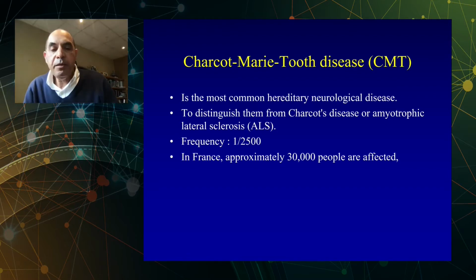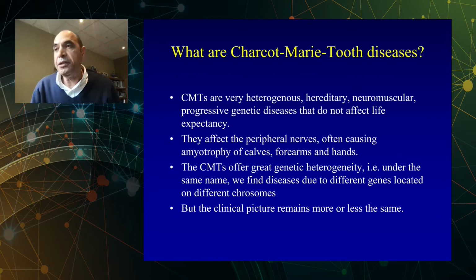In France, nearly 30,000 people are affected, and I should mention that it should be distinguished from ALS, amyotrophic lateral sclerosis, or Charcot disease, which is a very fatal disorder, and it is confused by patients or by some doctors with CMT, which is completely different.